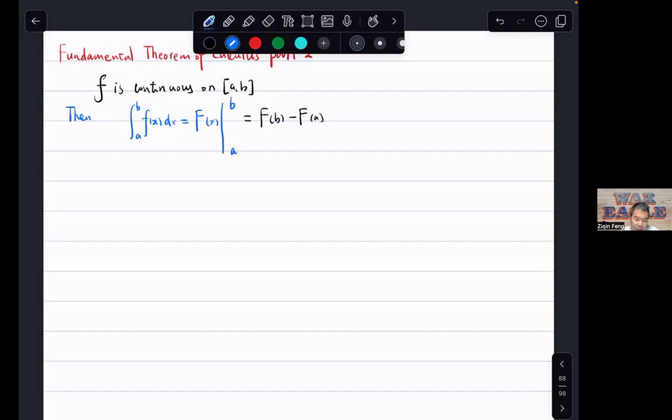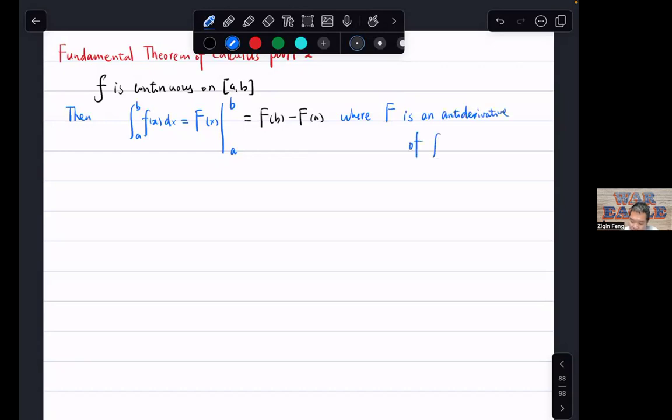And what's capital F? Just as we introduced antiderivatives, capital F is any antiderivative of f on [a, b]. We discussed that there are infinitely many antiderivatives; this is one of them.